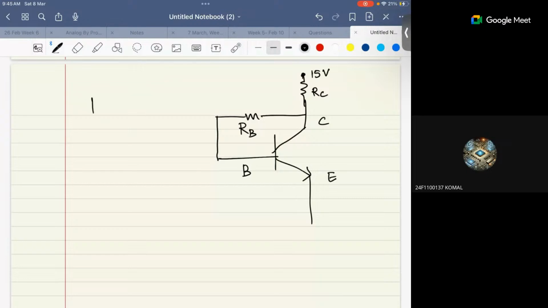Beta is given. And you are given VC also, this is given as 9 volt. And this is grounded. Now you have to tell me the value of RB upon RC.